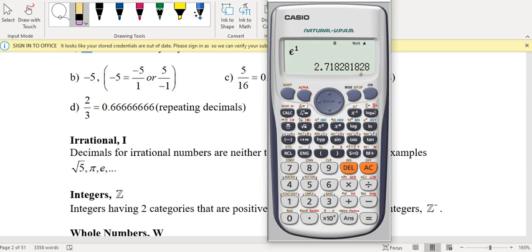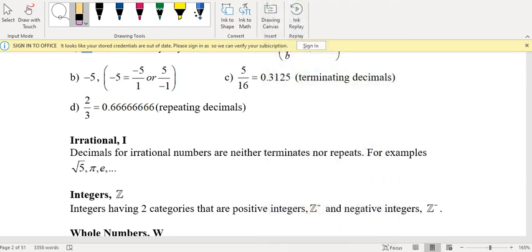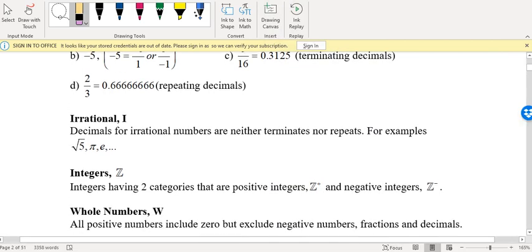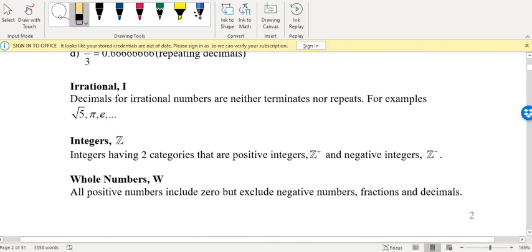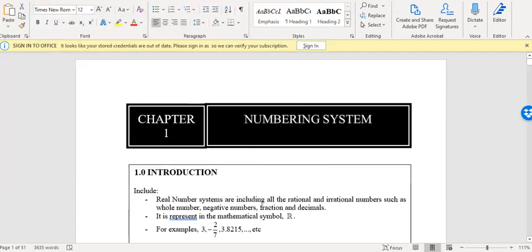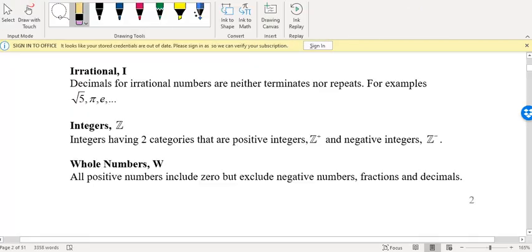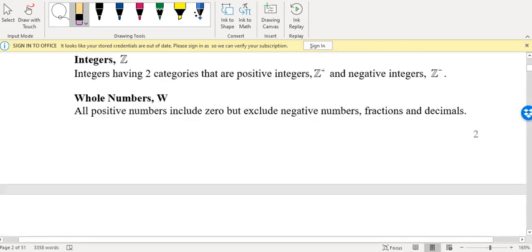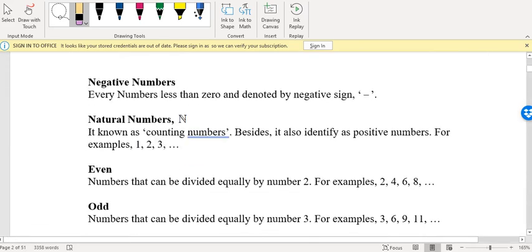As for the values involved, integers, as I mentioned, include positive and negative. Whole numbers are all the positive numbers including 0. Don't forget. Negative numbers, this one should be okay.